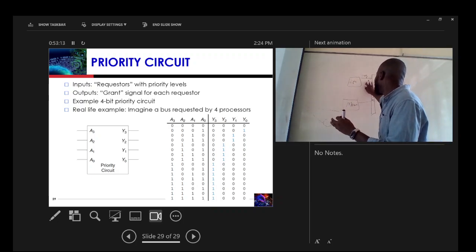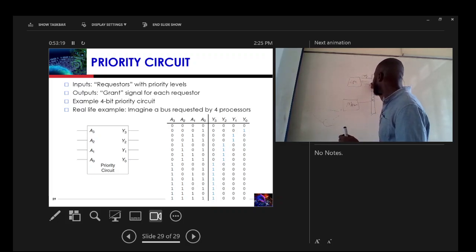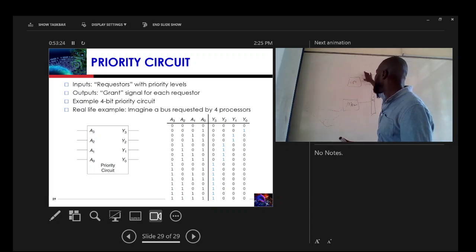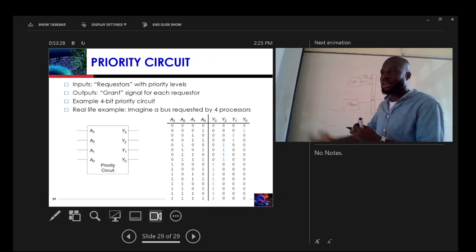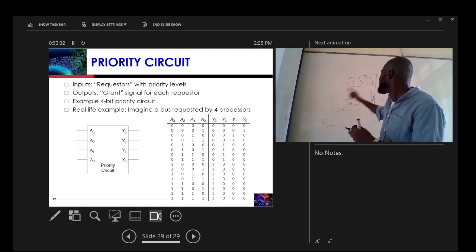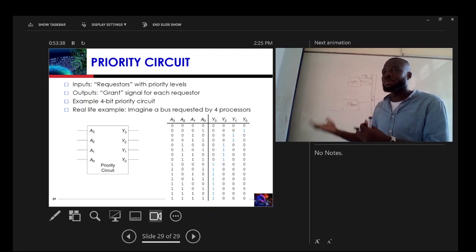There is a connection from the bus to the CPU known as the grant line. So you have request and grant. If the CPU requests, it makes this line 1, and if the bus is free, the grant line will be 1, and then the CPU can use the bus.